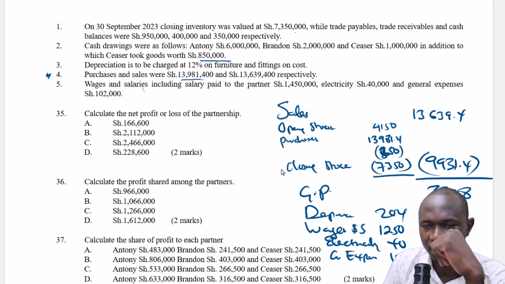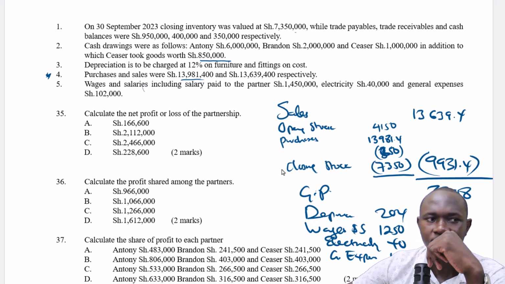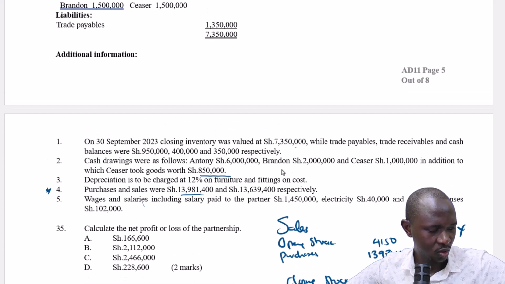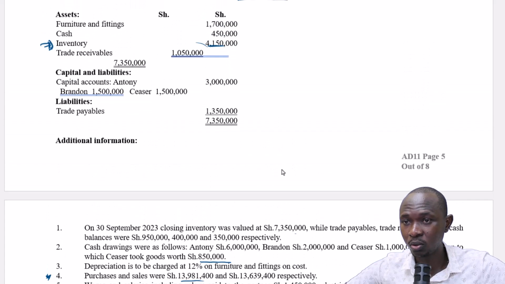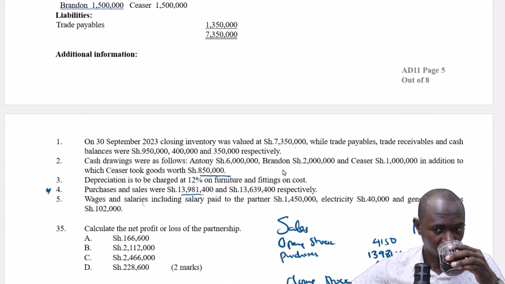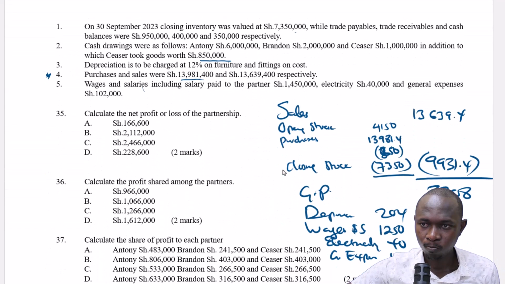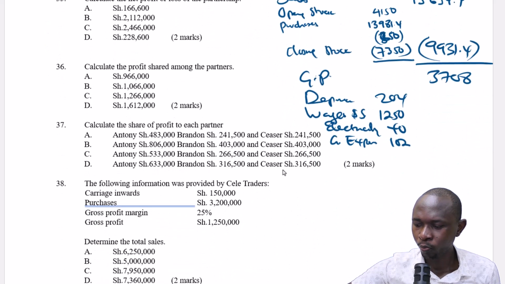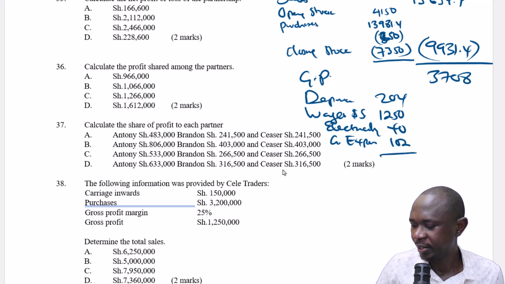Is there any other expense? Check around, check if we have any other expense before we wind up on this. We don't have any other, so we add this.